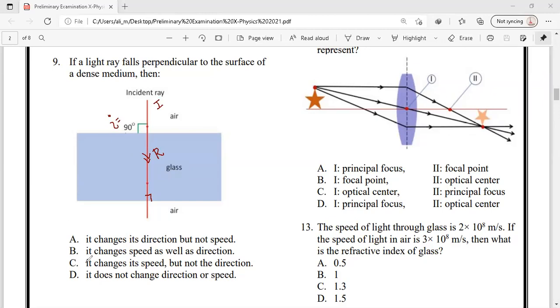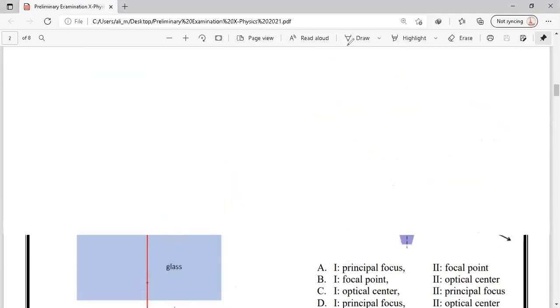So it will change its speed but not the direction. So we have the correct answer, that is option C. The refracted ray will be slower as compared to the incident ray. So this was our question number 9.